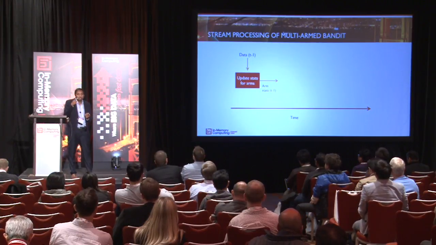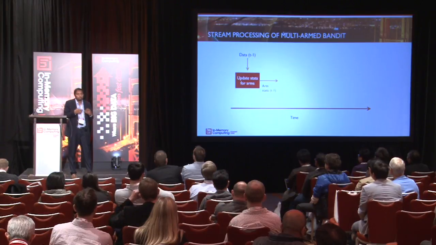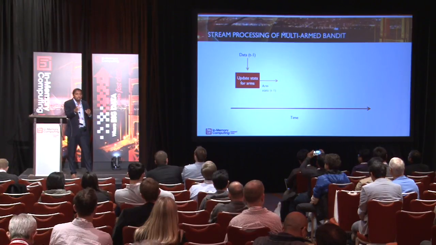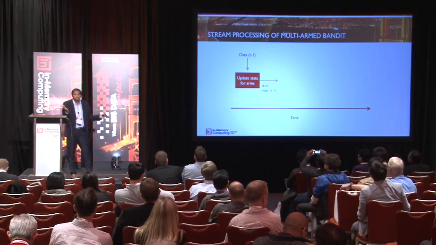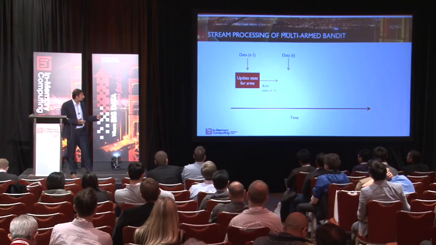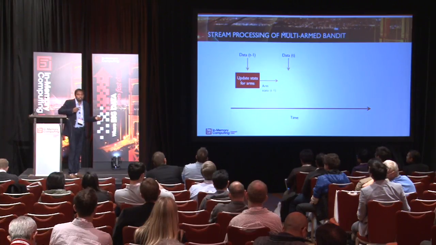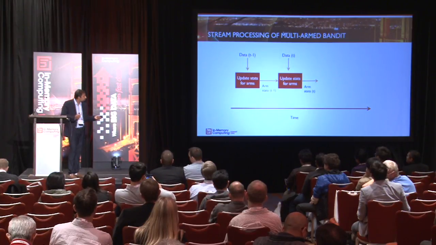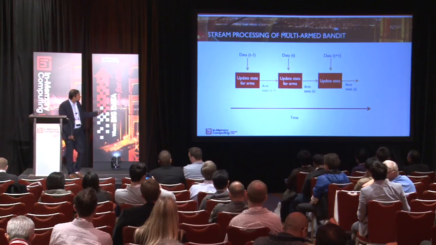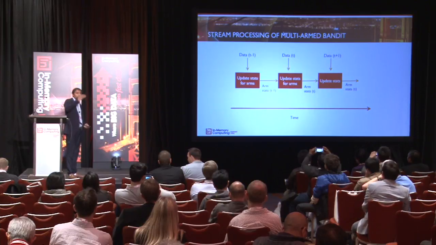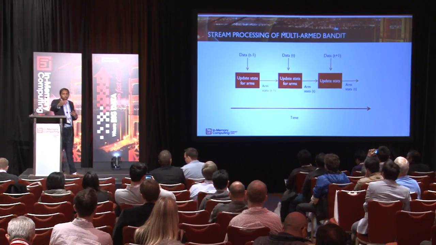We update the statistics for each of these, like mean, standard deviation, or those kinds of statistics, and then use those updated arms to take the next set of decisions, and you get the next set of data for that. So you are continually learning about each of these options that are available to you, and you keep on improving your model, and you are accumulating the reward from a long-term point of view.